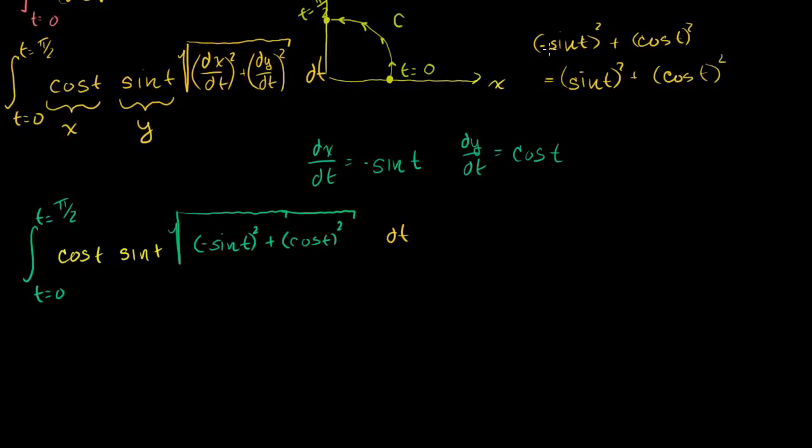You lose the sign information when you square something. It just becomes a positive. So these two things are equivalent. And this is the most basic trig identity. This comes straight out of the unit circle definition. Sine squared plus cosine squared is just equal to 1. So all this stuff under the radical sign is just equal to 1.